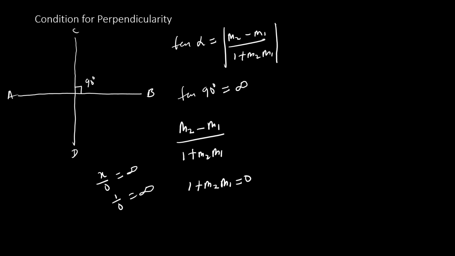Hope you get that. Then 1 plus m2 m1 equals 0, so we have m2 m1 equals -1. And this is the condition for perpendicularity. If two lines are perpendicular, then the slope of the first one multiplied by the slope of the second one must be equal to -1. This gives us the condition for perpendicularity.